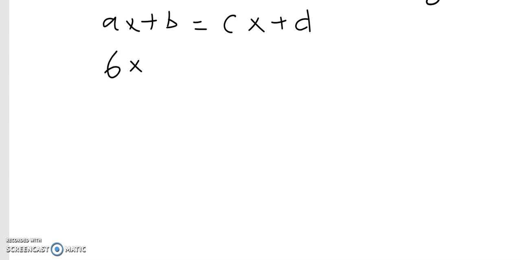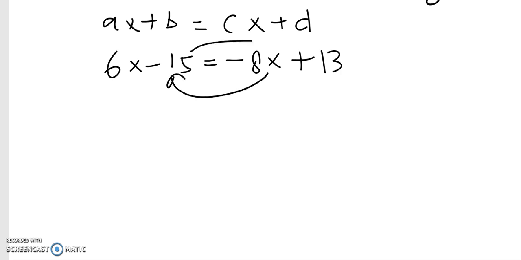There is another thing that we can do also. Let's say ax plus b is equal to cx plus d. If it is written this way, let's find out how to calculate x. Let's say 6x minus 15 is going to be equal to minus 8x plus 13. Here I'm going to bring the 8x this way and the 15 here.